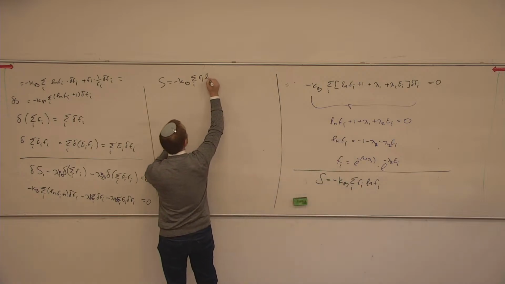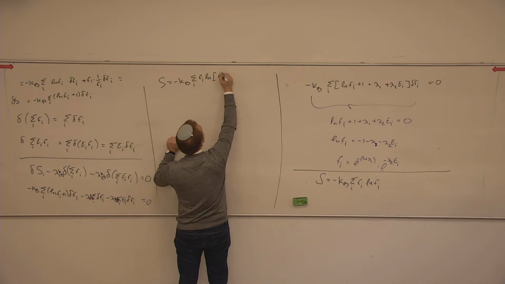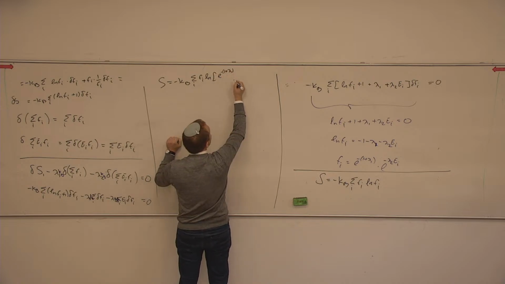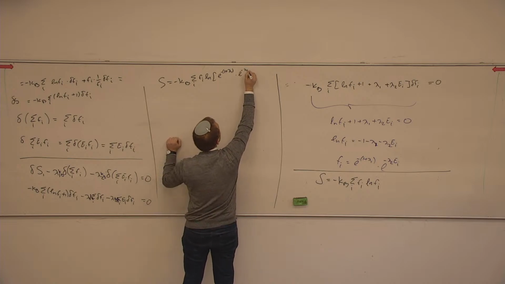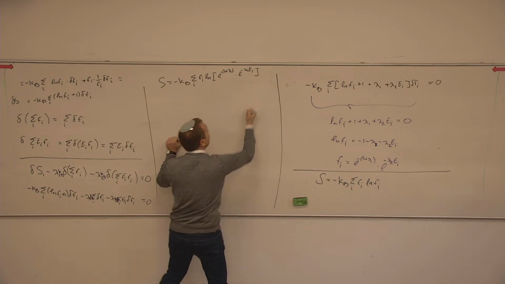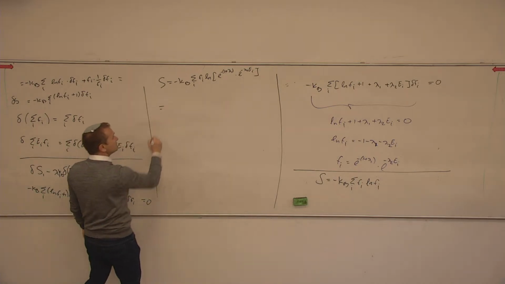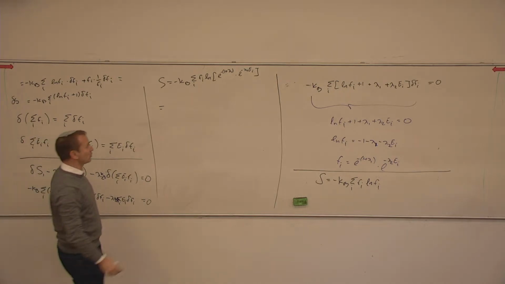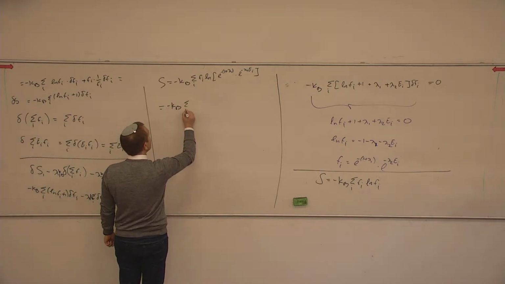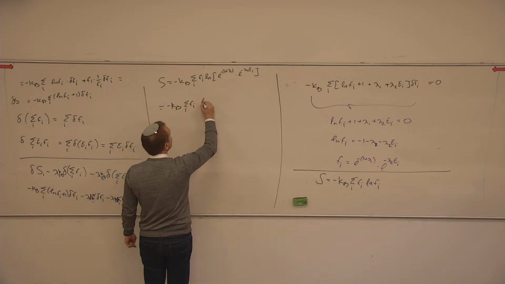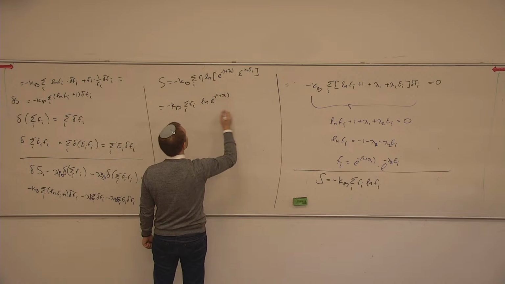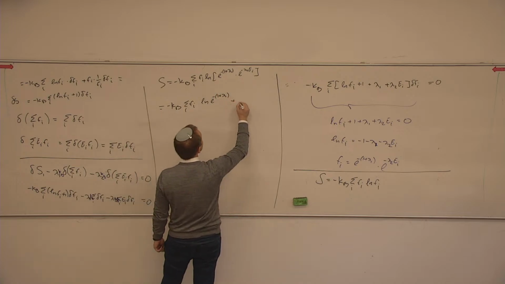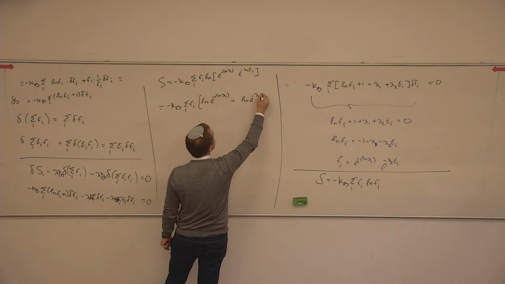So we have log of e to the power minus (1 plus lambda 1), multiplied by the exponent e to the power minus lambda 2 E_i. A log of a multiplication is just the sum of two logarithms. So we have minus k Boltzmann sum over i f_i, log of e to the power minus (1 plus lambda 1), plus log of e to the power minus lambda 2 E_i.